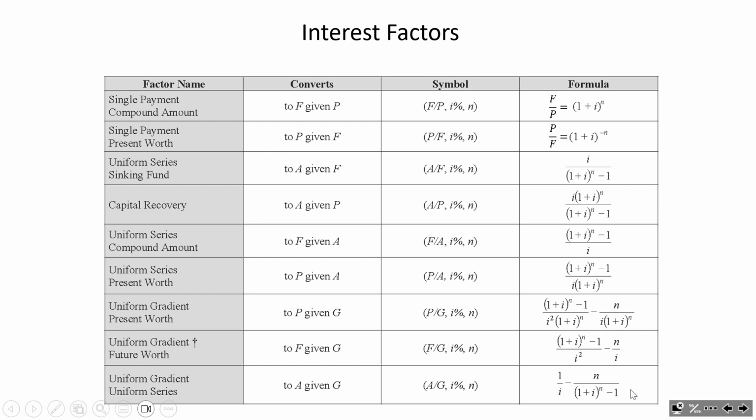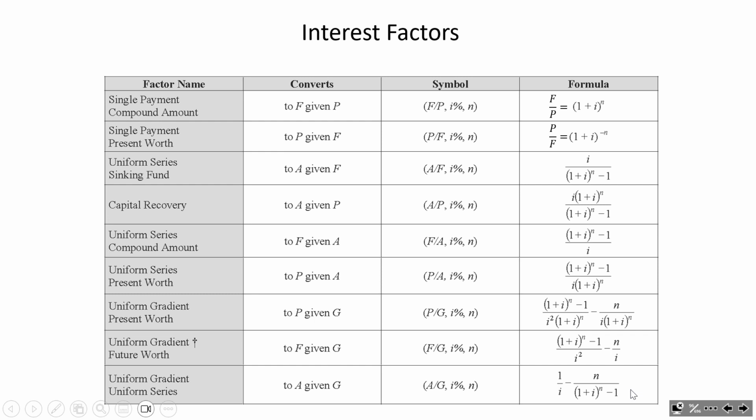Okay, so we know that P is 23,000. A is 5,000. (1 plus i)^6 minus 1, divided by i times (1 plus i)^6. So we've got only one unknown in this equation.